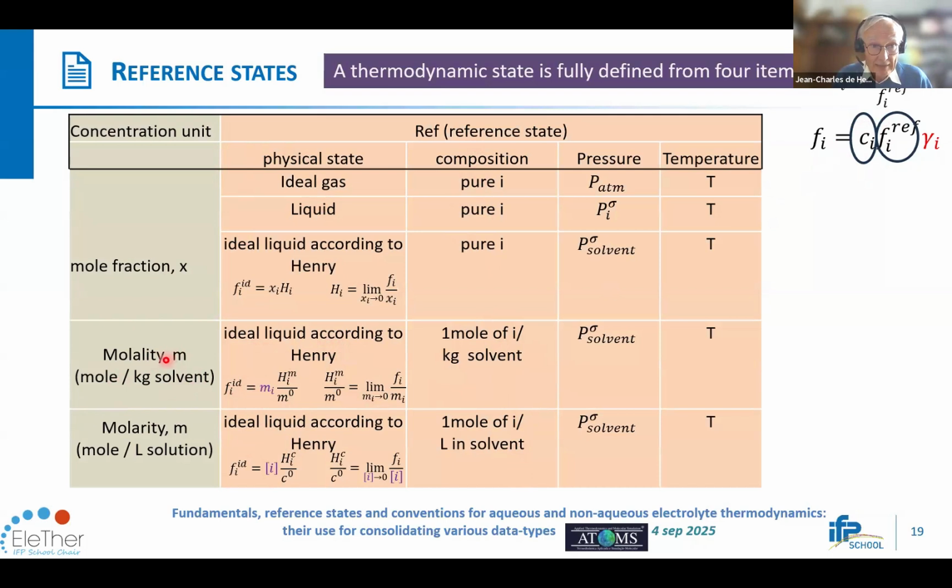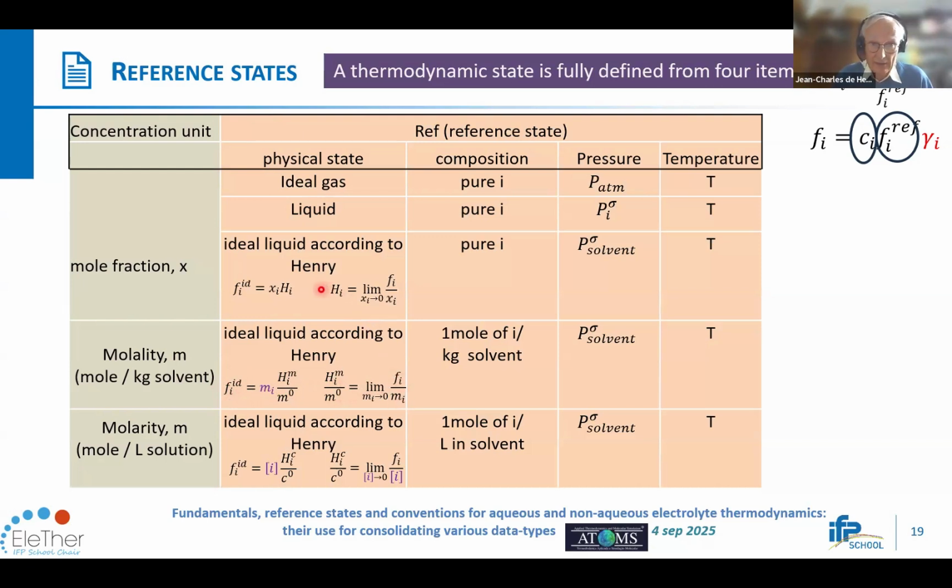In such a way that when you're working with molality reference state, you have a molality. The ideal fugacity is considered as proportional to the molality times Henry constant. And the Henry constant is defined as the limit of the ratio of fugacity divided by molality.